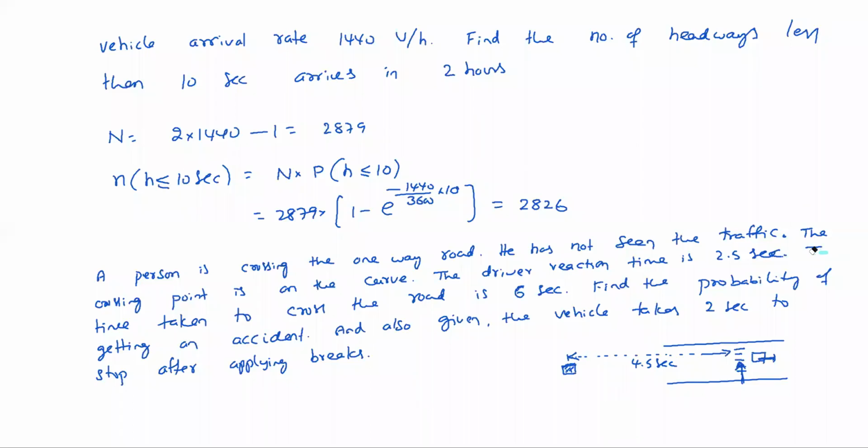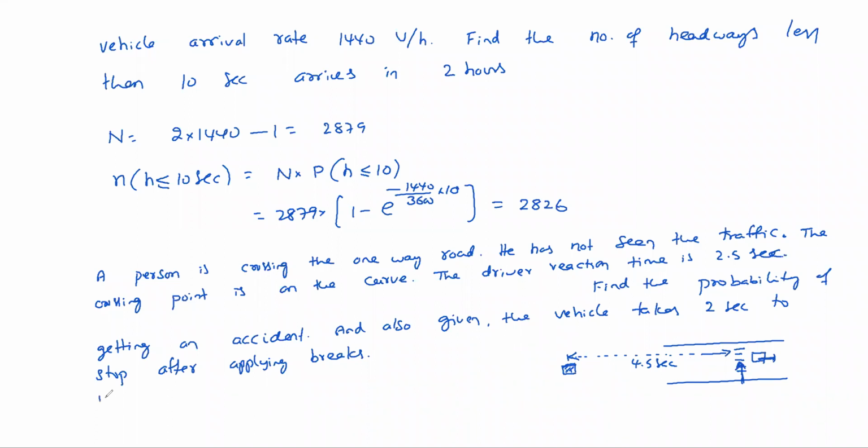Suppose the statement about time taken to cross the road is not there. Then to stop the vehicle, 4.5 seconds is required.